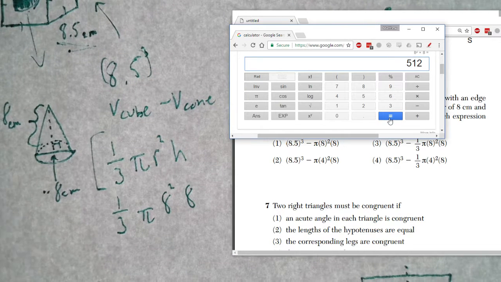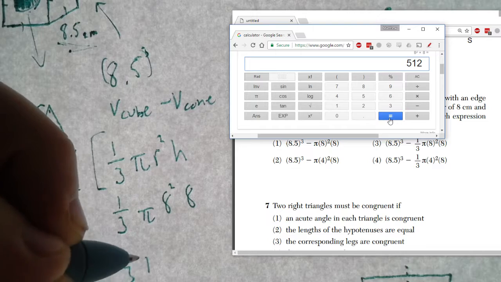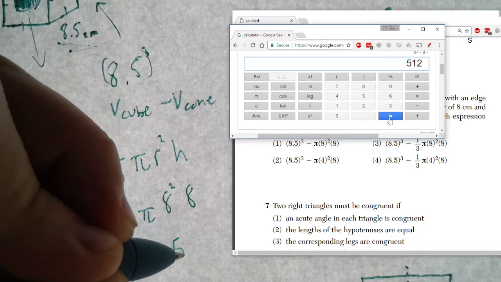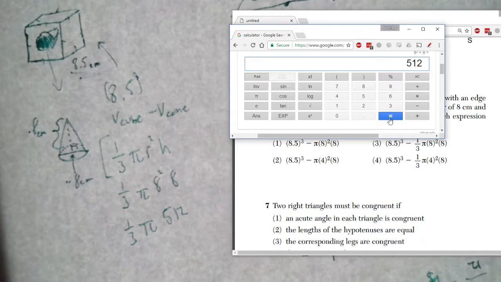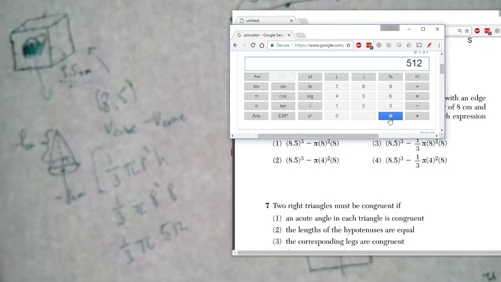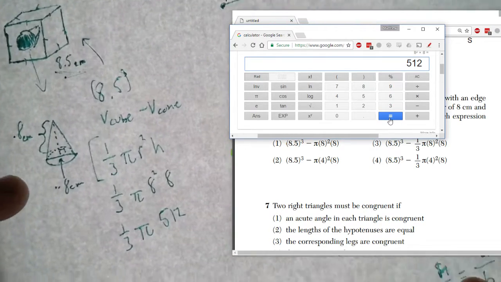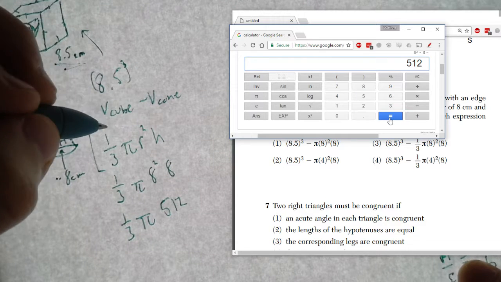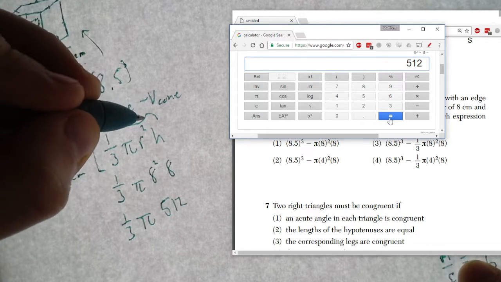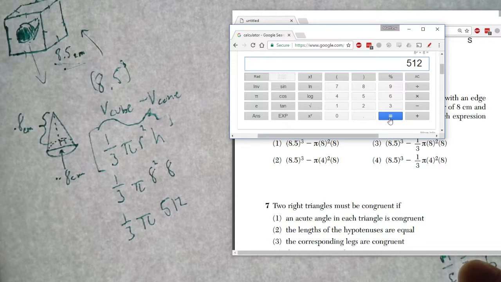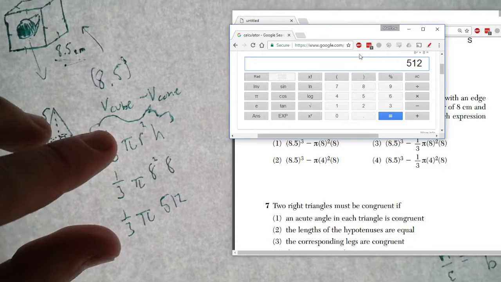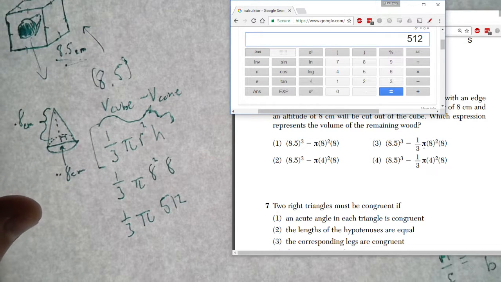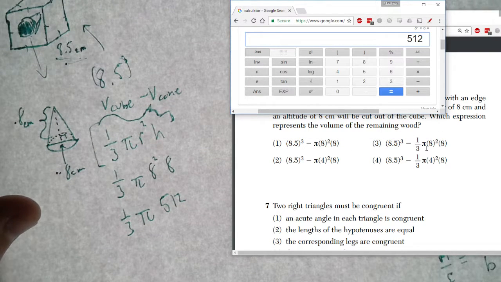That gets me 1/3 pi times 512. This is all, by the way, getting the volume of the cone. And let's see. Oh, wait a minute. Maybe I don't even need to do all of this.